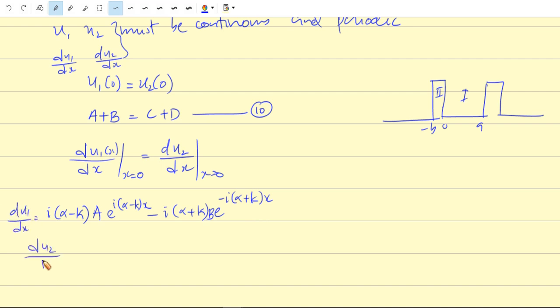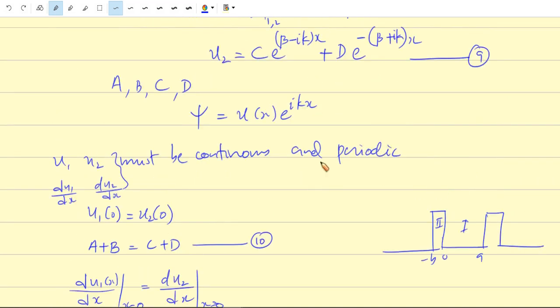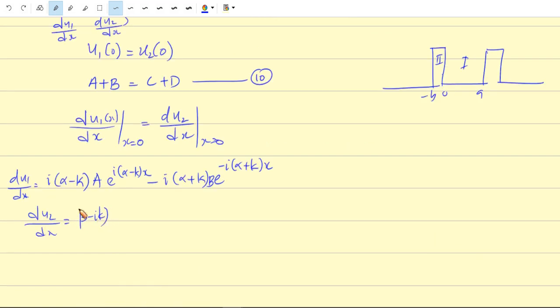du2 by dx, from equation 9, is equal to beta minus ik c e raised to beta minus ik x minus beta plus ik d e raised to minus beta plus ik x.